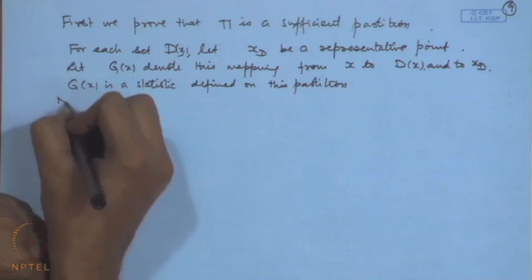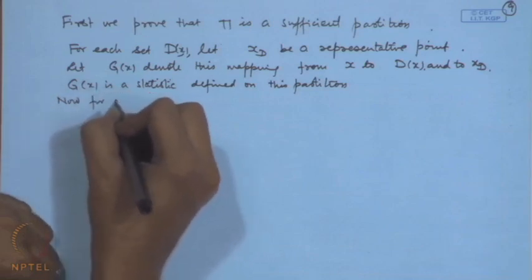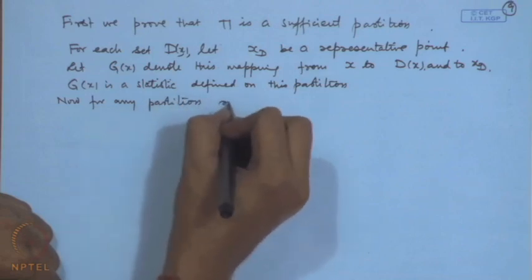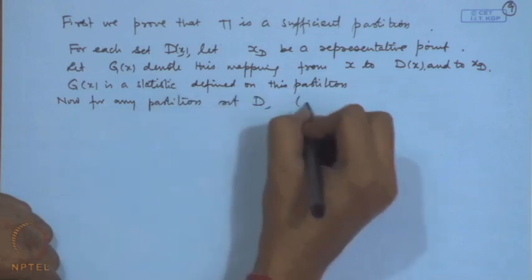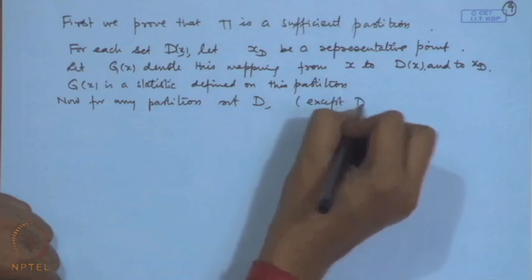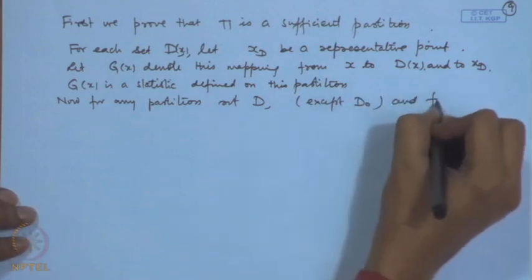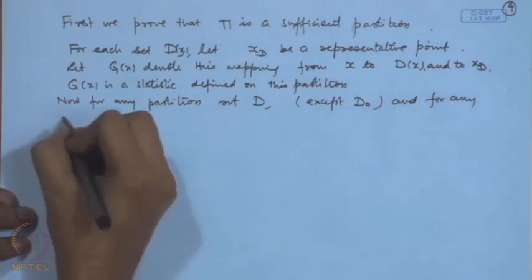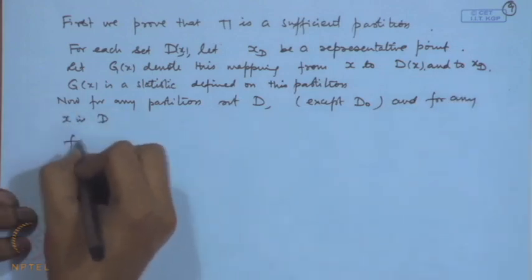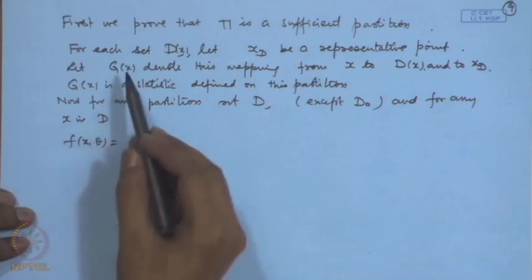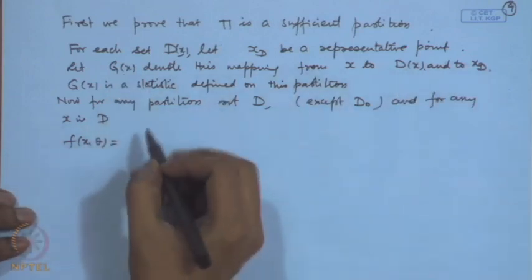Now, for any partition set D, of course, I am not considering D naught where f(x, theta) is 0, and for any x in D, let us write f(x, theta). Now, x belongs to D(x) and x_D also belongs to this.